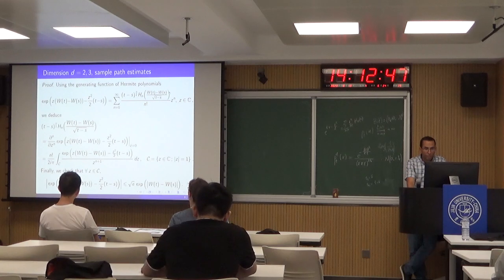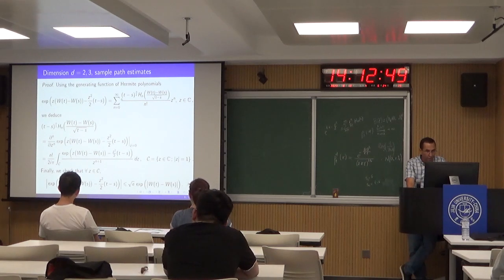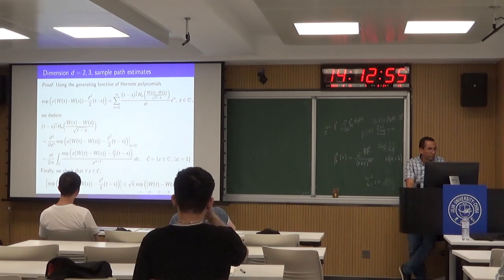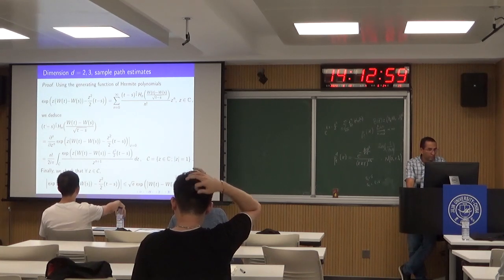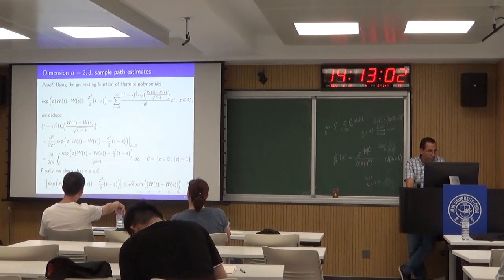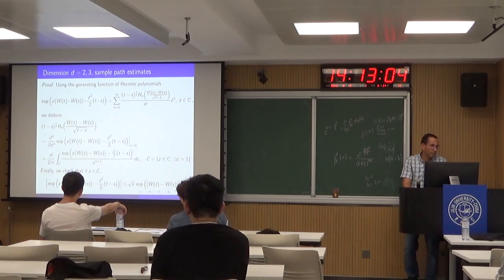From this point, we see that this value here can be obtained as the nth derivative of this function of z, at the point z equal to 0.